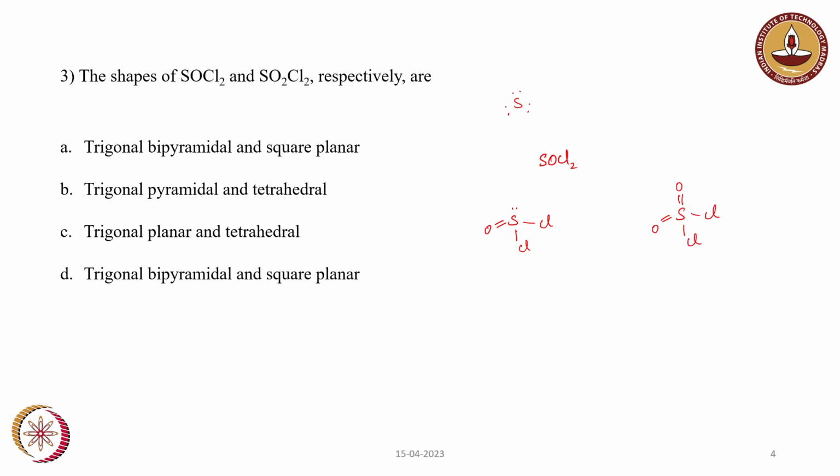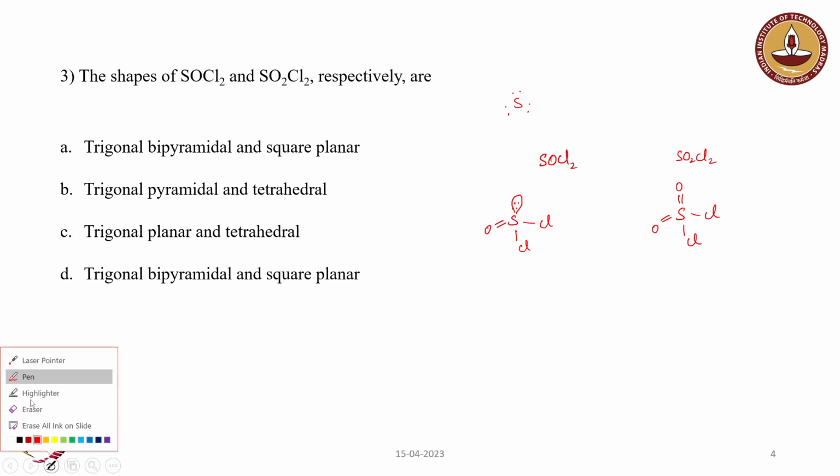So in SOCl2 one lone pair will be present, and in SO2Cl2 there is no lone pair, only bond pairs are present.